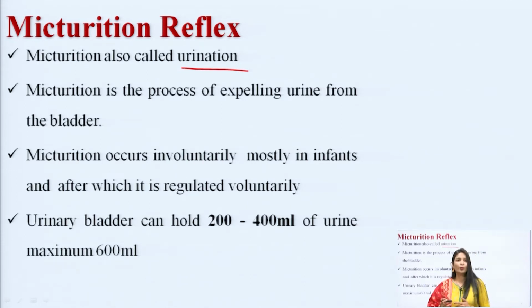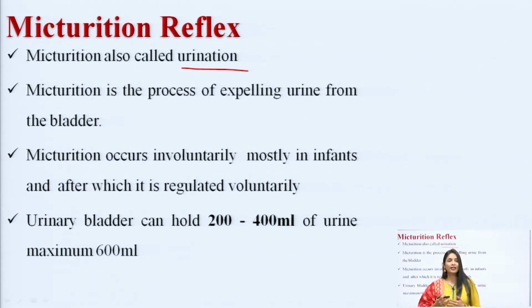It occurs involuntarily, mostly in infants. Later it develops into voluntary control. In infants, and also in the elderly, micturition happens involuntarily, and later, when the infant grows into childhood or adulthood, it comes under voluntary control.